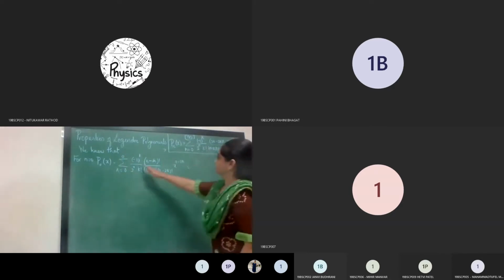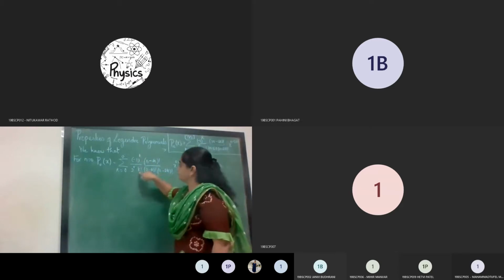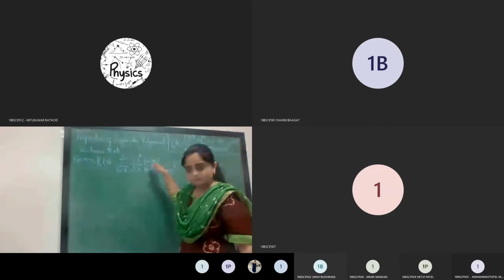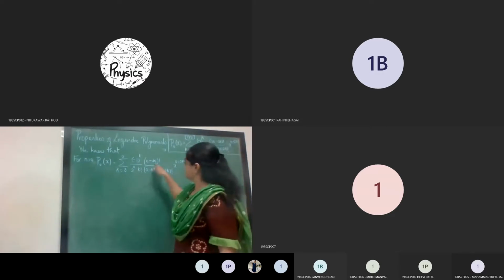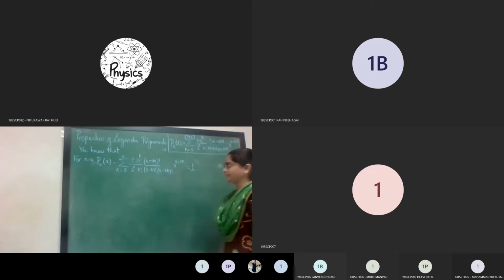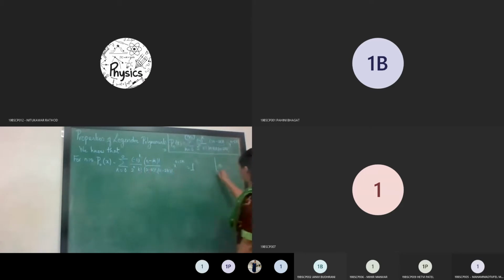So let us substitute k is equal to 0. So minus 1 raised to 0 is 1, 2 raised to 0 is 1, 0 factorial is 1, and (minus 2 times 0) factorial is also 0 factorial, that is 1, x raised to 0. So ultimately you are going to get the value 1. So that means the p0x value is 1.